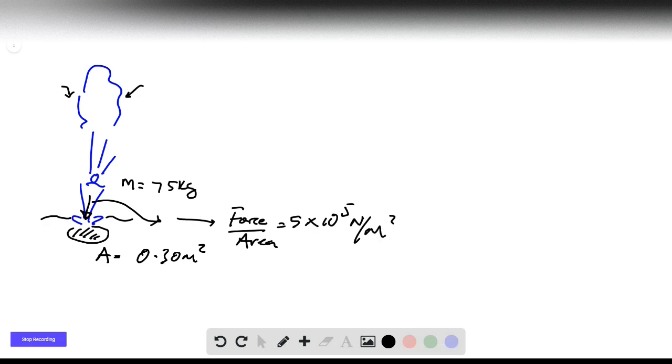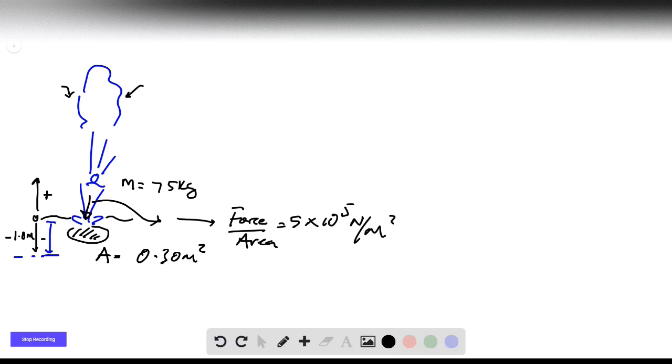That's almost like pressure. They're going to descend towards the snow a distance of 1 meter. Assuming this is 0, going upwards is positive and going downwards is negative, so this distance is -1.0 meters.